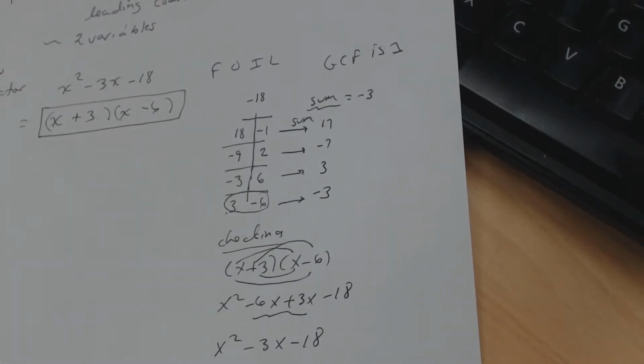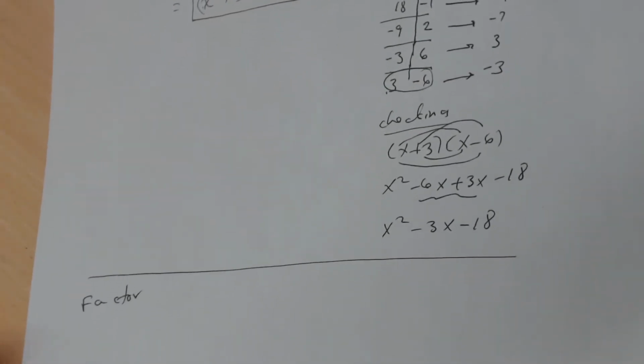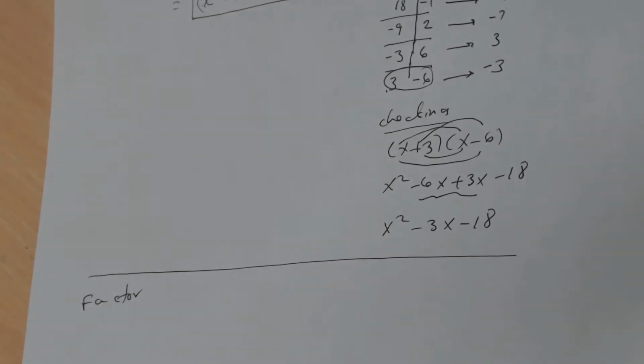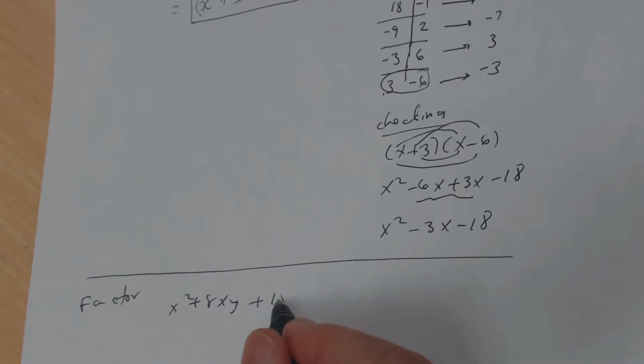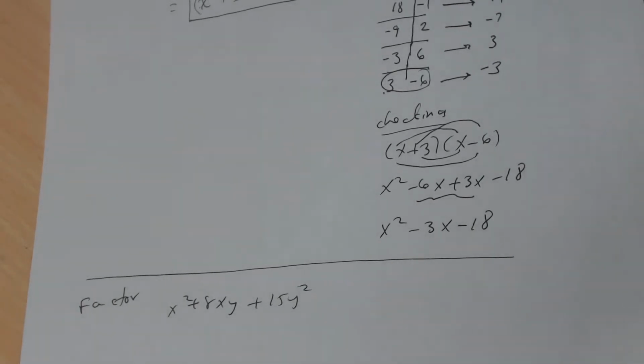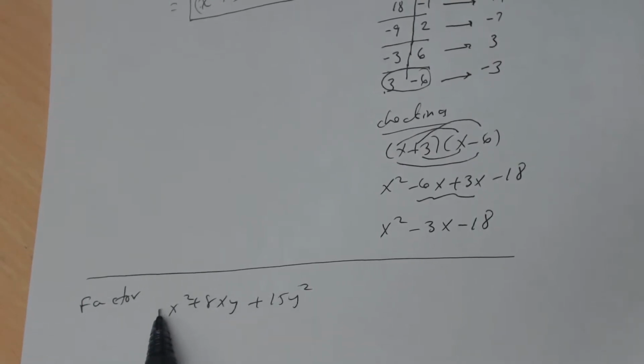Suppose I want to factor, let's say I want to factor this, x squared plus 8xy plus 15y squared. Okay, so now I have a trinomial where the leading coefficient is 1, but now I have two variables.